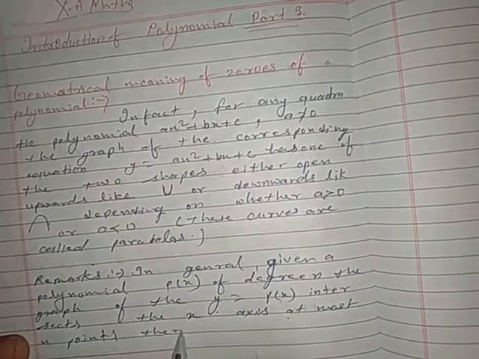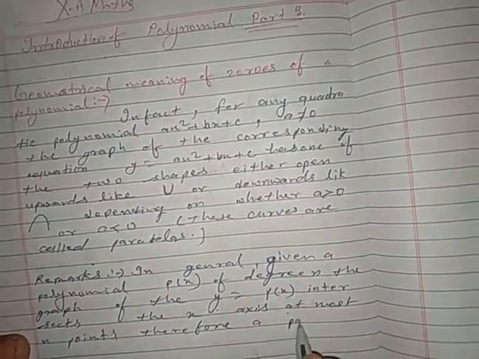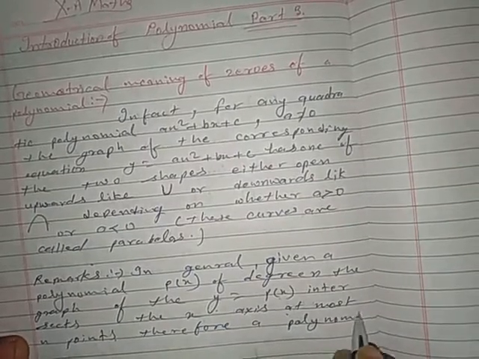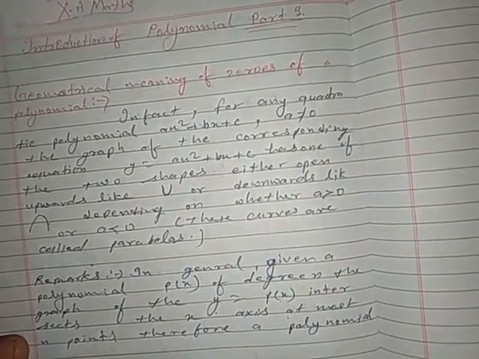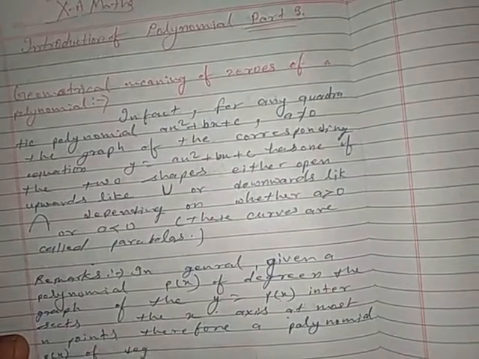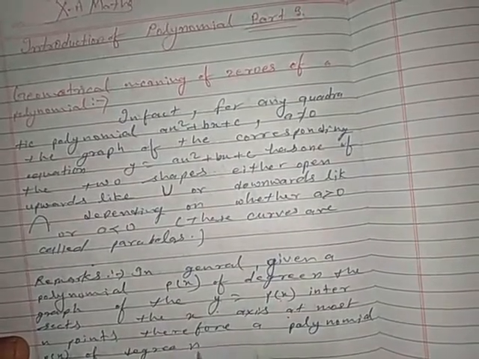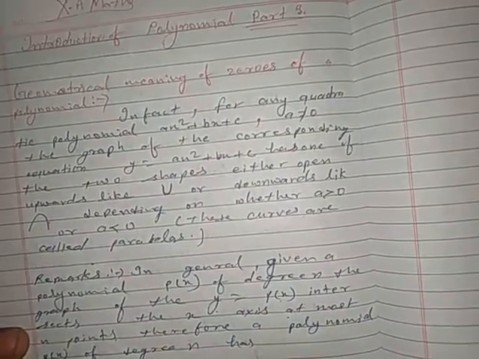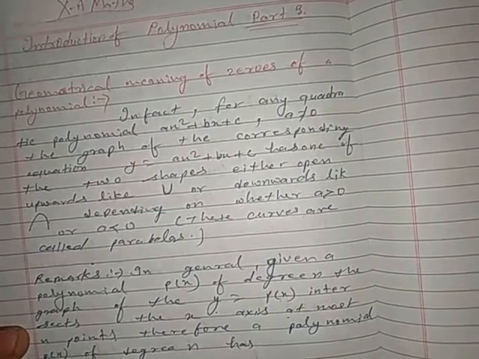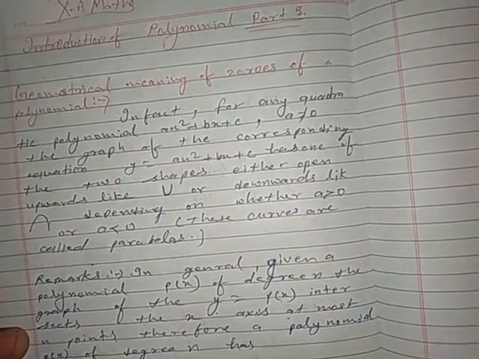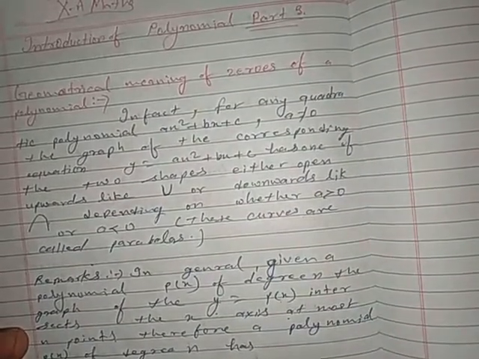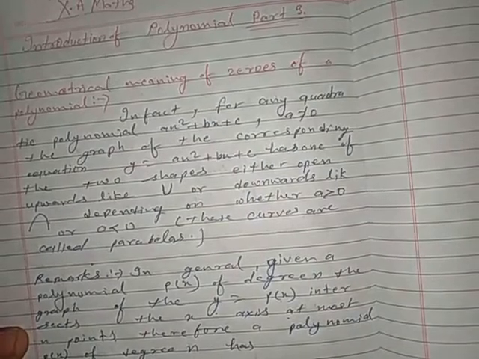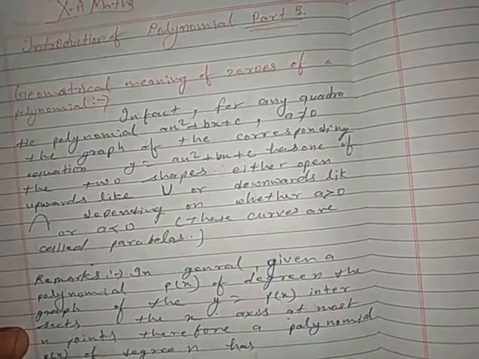Therefore, suppose we have a polynomial which has degree n, so it has at the most n zeros.